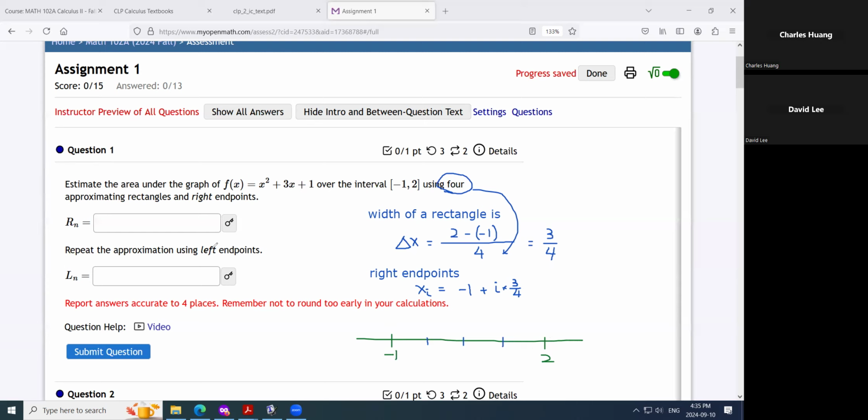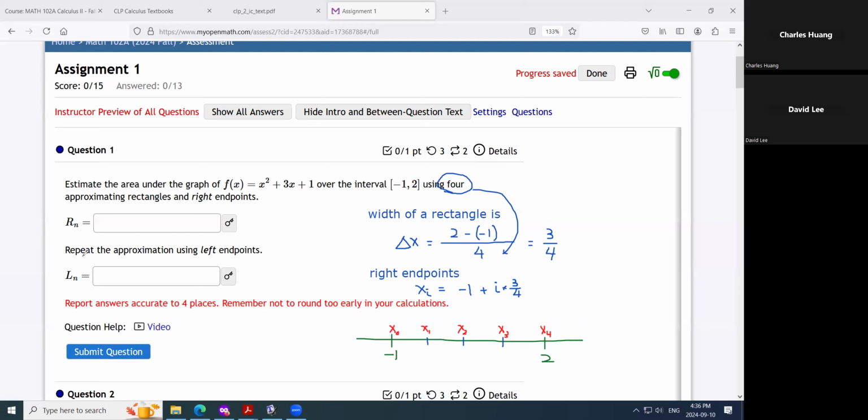We're going to call this one x1. We're going to call this one x2. We're going to call this one x3. And we're going to call this one x4. And it goes from 1 to 4 because we have 4 rectangles. This one is going to be known as x0. We're not going to use it in this case.